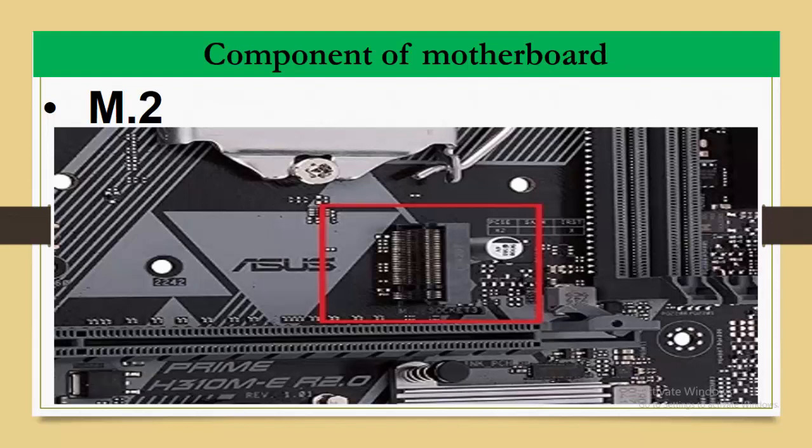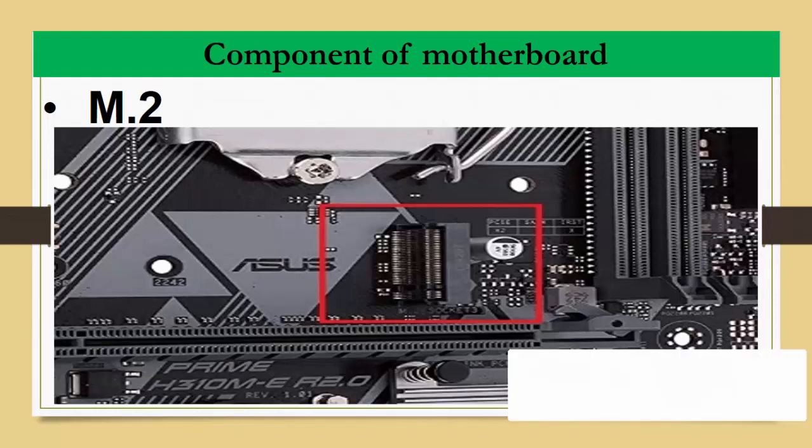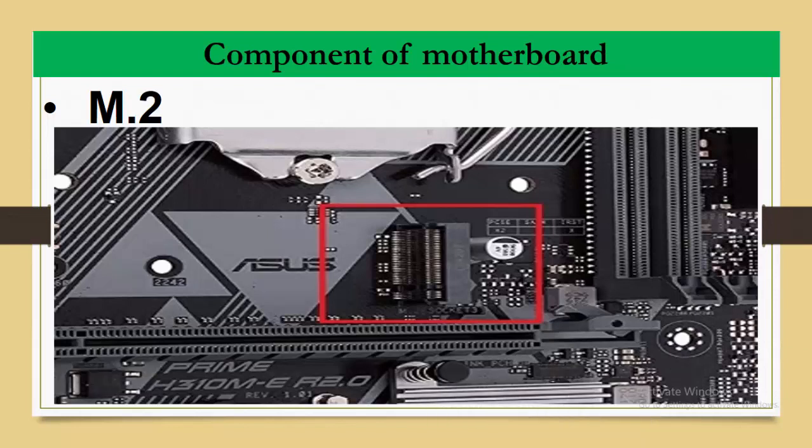An NVMe SSD connected through the M.2 connector doesn't get bottlenecked like through the SATA port, as it gets 4 PCI lanes to transfer data at a speed several times faster than SATA. Most Intel and AMD motherboards nowadays feature at least one M.2 slot. M.2 slots are shown in the figure.